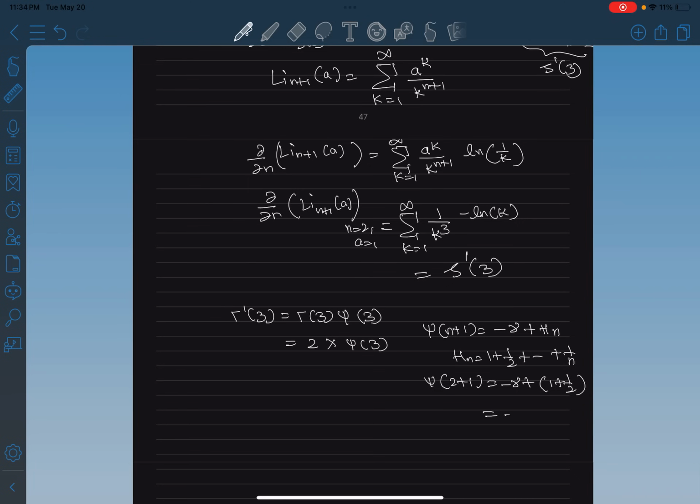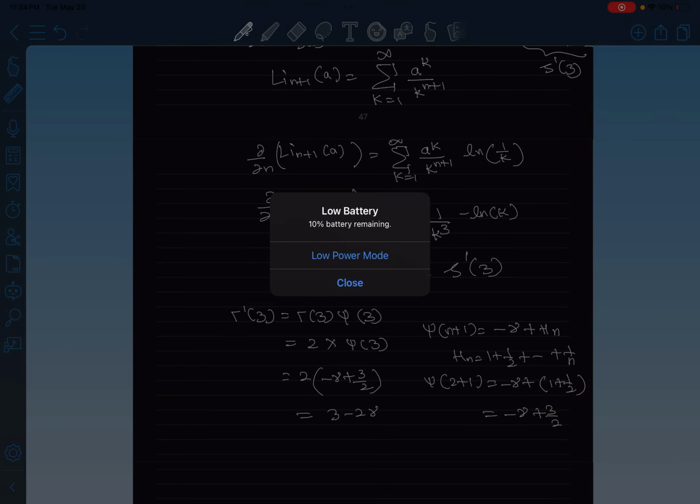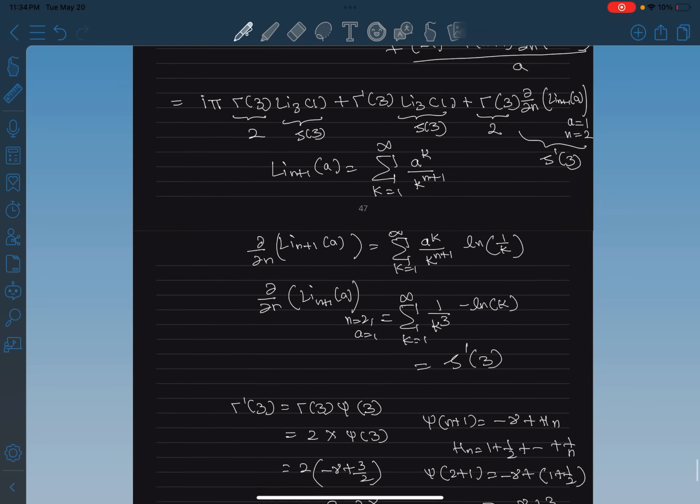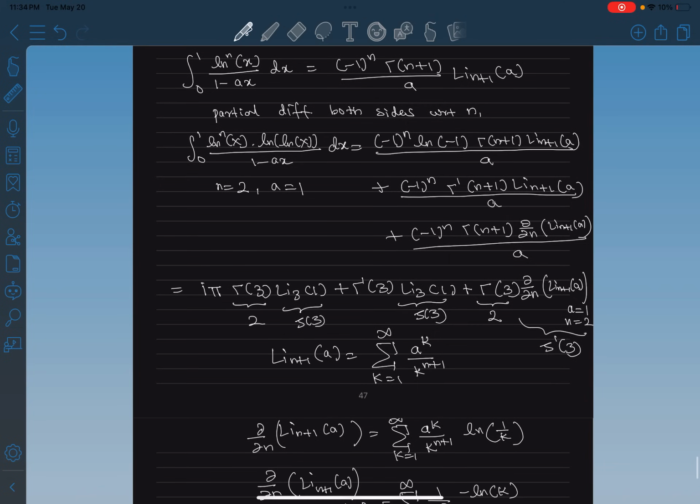So this is negative gamma plus 3 over 2, right? So this becomes 2 times negative gamma plus 3 over 2. So that means this is 3 minus 2 gamma. I'm saying gamma, but this is actually the Euler-Mascheroni constant, right? So over here, this becomes 3 minus 2 times the Euler-Mascheroni constant.